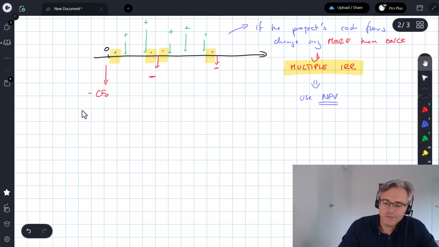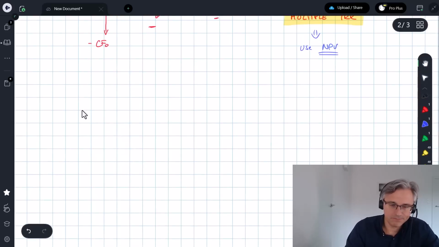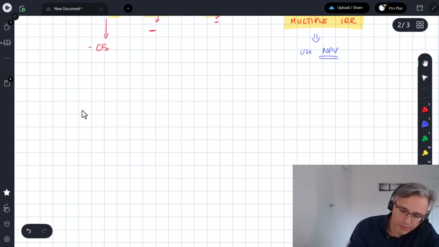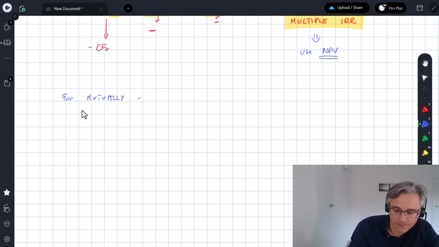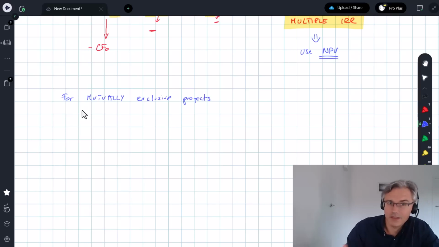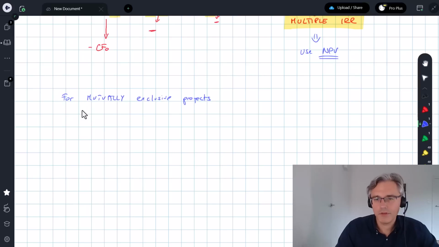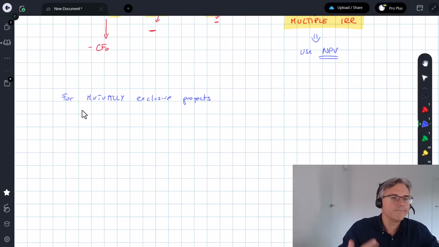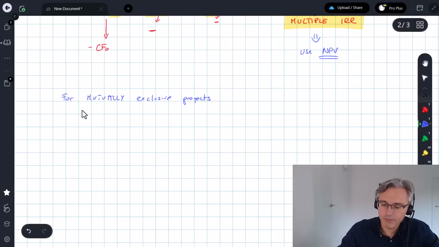And the final technical point is, if you have mutually exclusive projects, so projects which cannot be undertaken together, you have to decide which one to go ahead with.